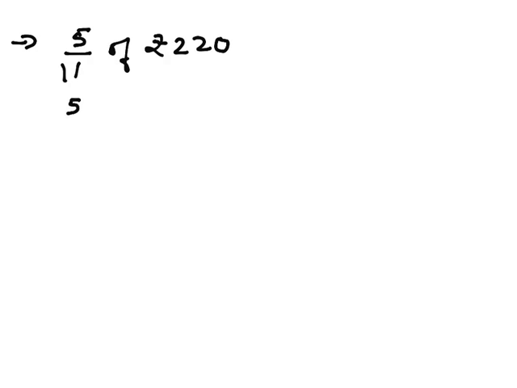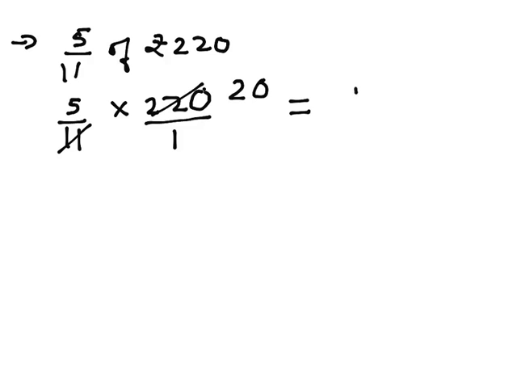We will write it like 5 by 11, and we are simply multiplying it. Here in the denominator we will have 1. So again we will simplify by finding the common factor. We know 220 can be divided by 11. It will give us 20. And 20 times 5 will give us 100.